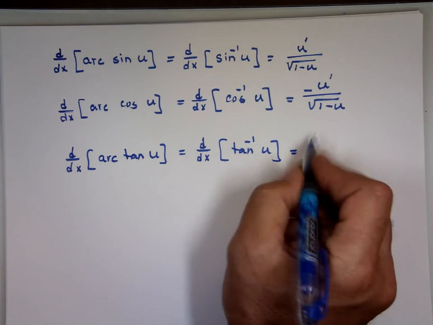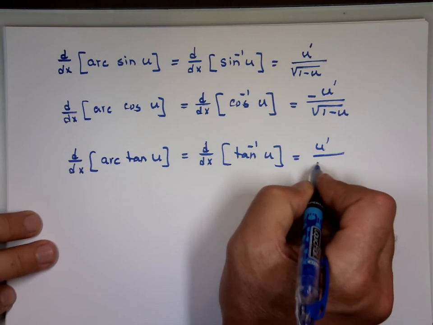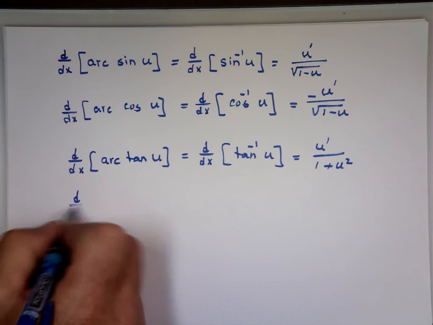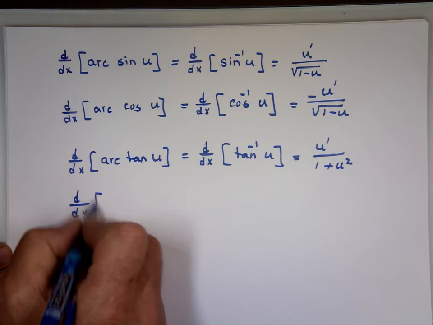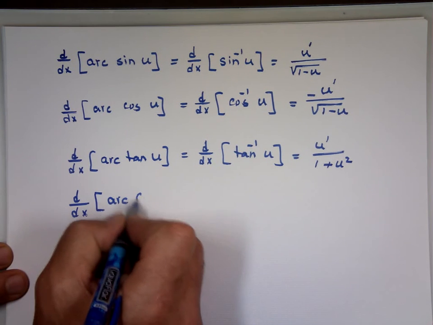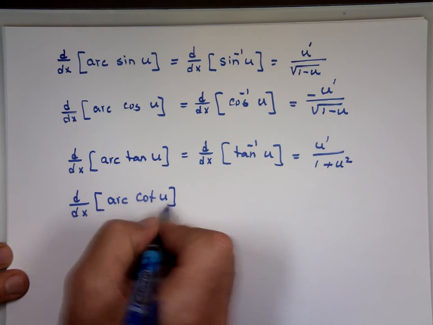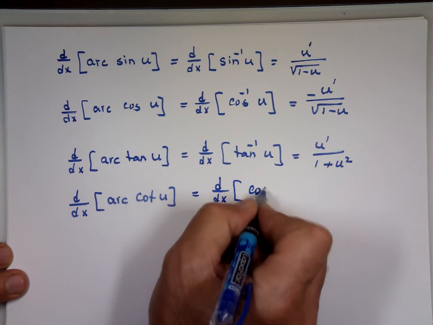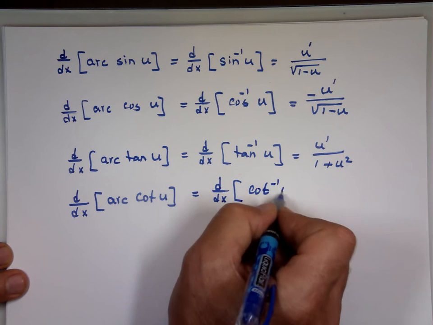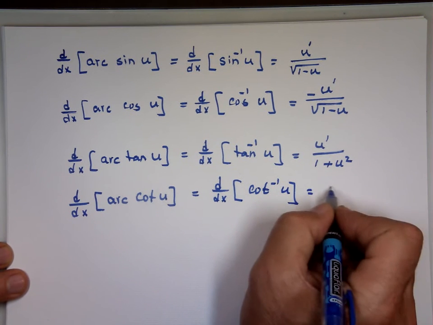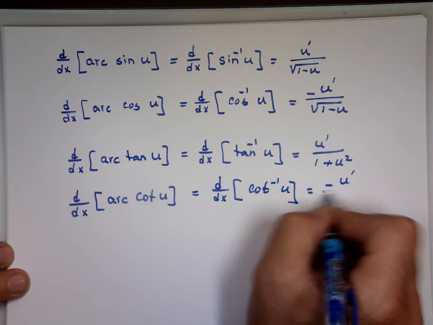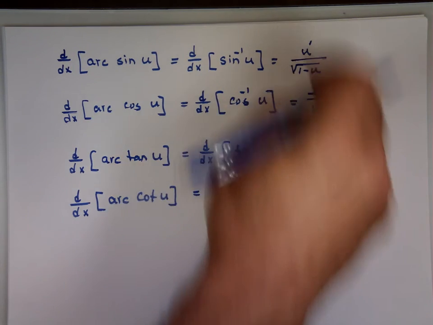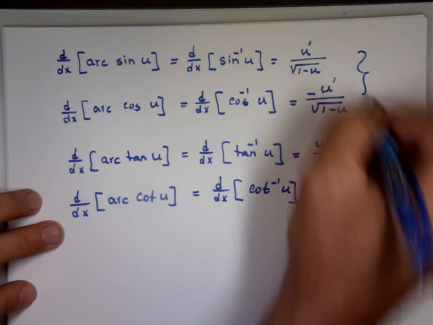It's u sub prime over 1 plus u squared. The cotangent, that's a negative. These two are similar, these two are similar. That's one group. We have one more group.